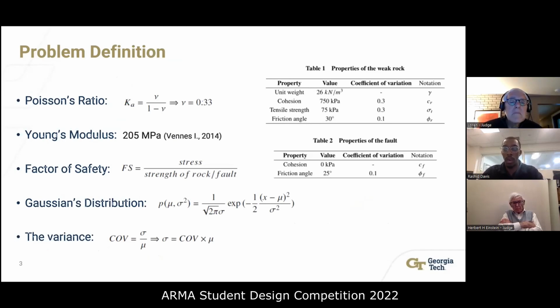Since this rock is relatively weak, we used a Young's modulus from a rock of similar properties in literature. The factor of safety equation that we used for this project was a stress over strength ratio. We use a Gaussian distribution to get the variance based on the coefficient of variation.